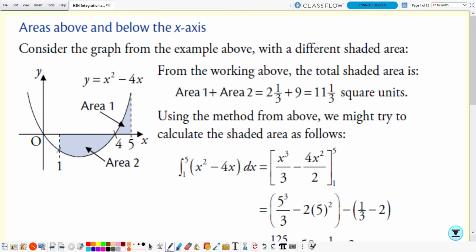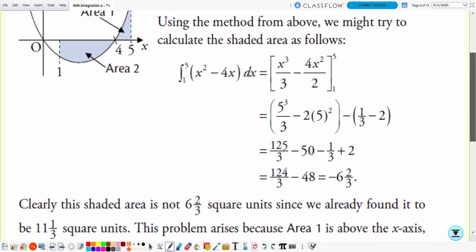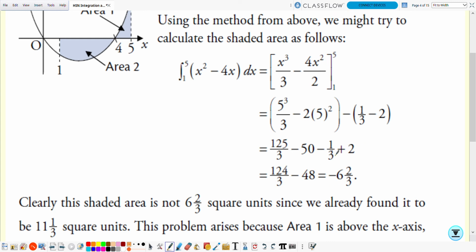In this particular case, if you were to integrate between 1 and 5, you would end up still with a negative, but you've got a bit of the graph above and a bit below, so the value is affected by the fact that this bit down below does have a negative value, the bit above has the positive, and they sort of cancel each other out.